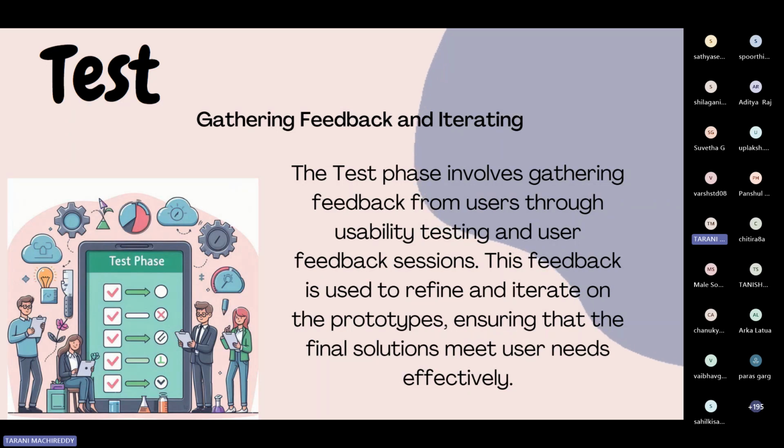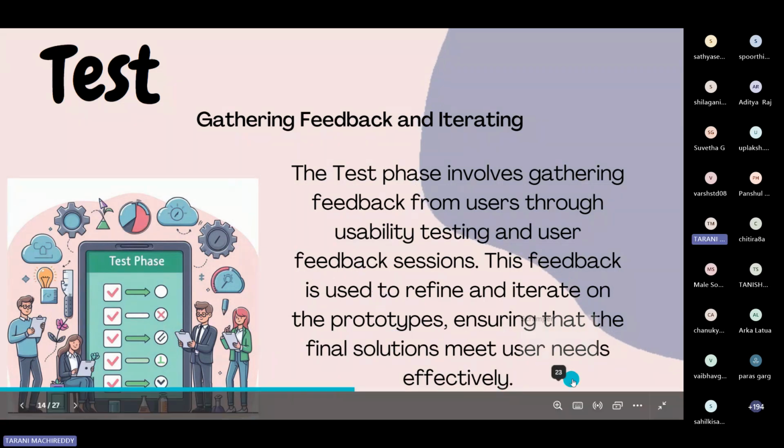If you give a particular design and color to that thing, the user may like or dislike that particular color or design. So again, you go back and change it. You got it, right? So that's all we see in these phases of design thinking.